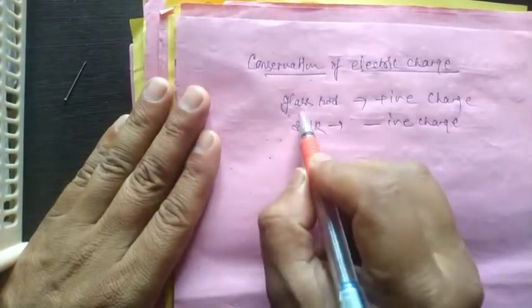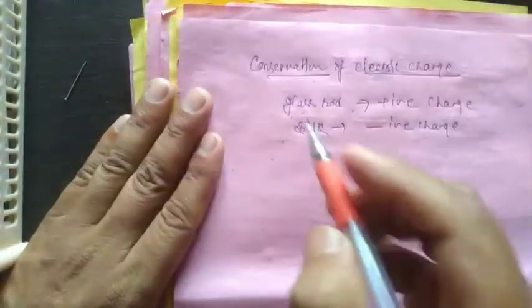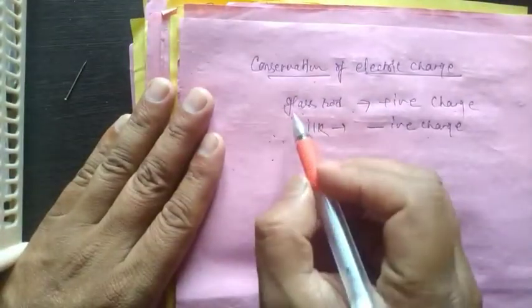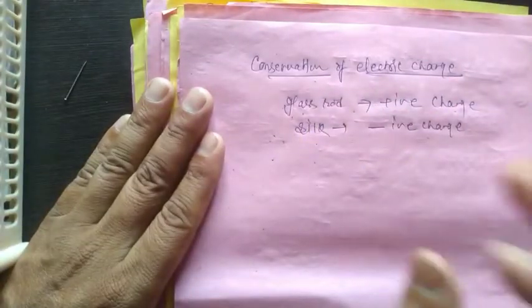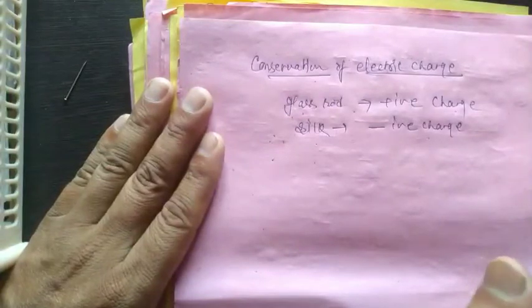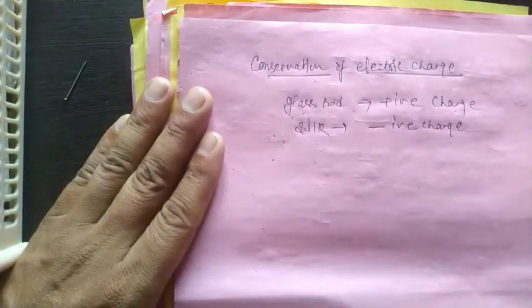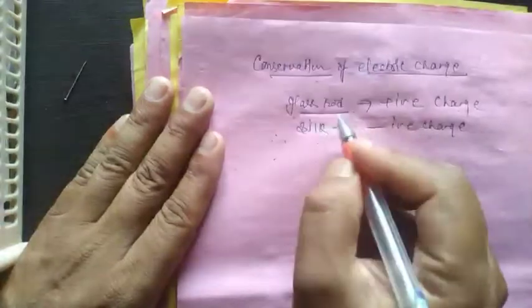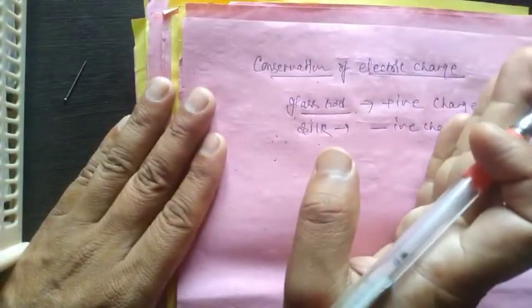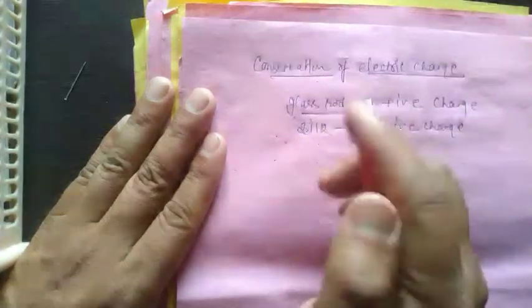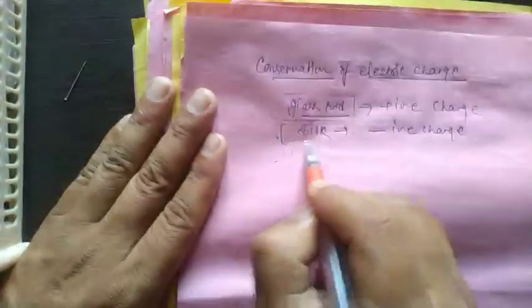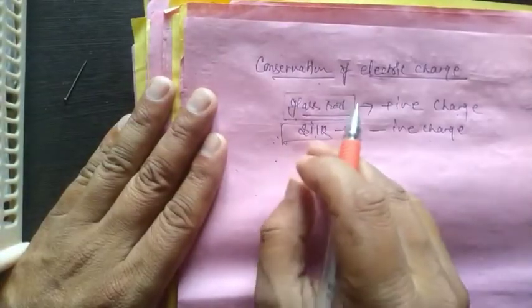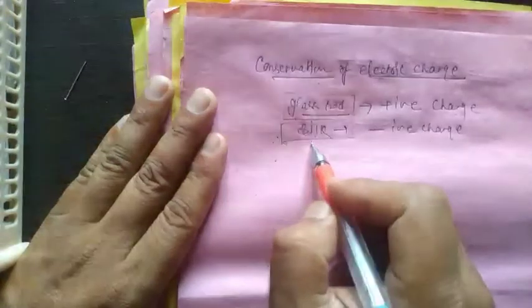Before rubbing, they are neutral, because the glass rod has an equal number of protons and electrons, so it is a neutral body, and the silk also has an equal number of protons and electrons, so it is neutral.